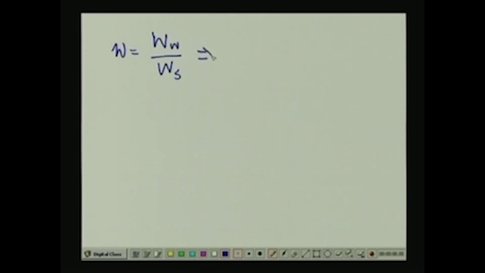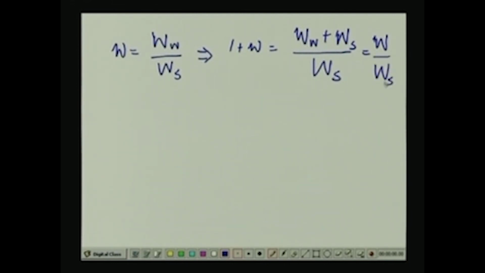So that gives us 1 plus W equal to Ww plus Ws divided by Ws. That means the total weight of the three phase material divided by Ws.